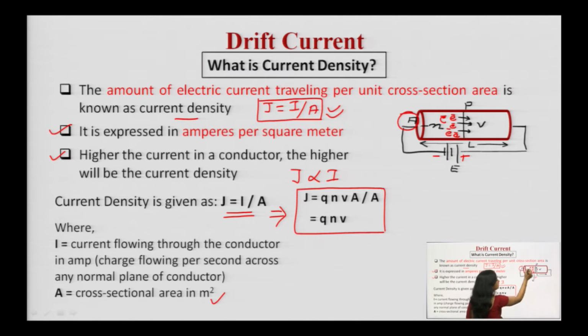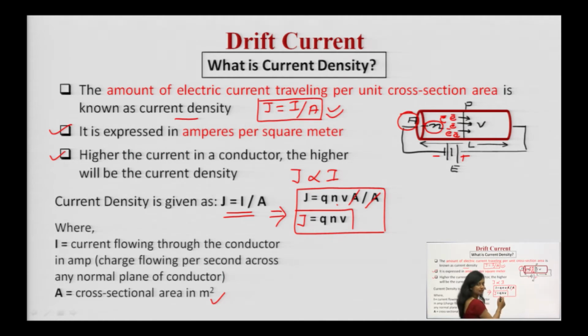If N is the concentration of the electrons, the total number of electrons passing per unit area and travelling with a velocity V, what is that current? Q into N into V into A. So I is Q N V A, and A is in the denominator, so A will cancel out. So what is J right now? This is Q into N into V.